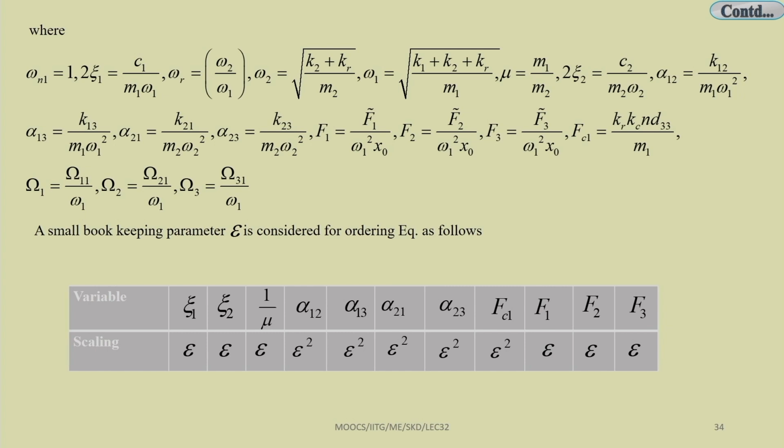Similarly, alpha 1 3 equal to k 1 3 by m 1 omega 1 square, alpha 2 1 equal to k 2 1 by m 2 omega 2 square, alpha 2 3 equal to k 2 3 by m 2 omega 2 square.